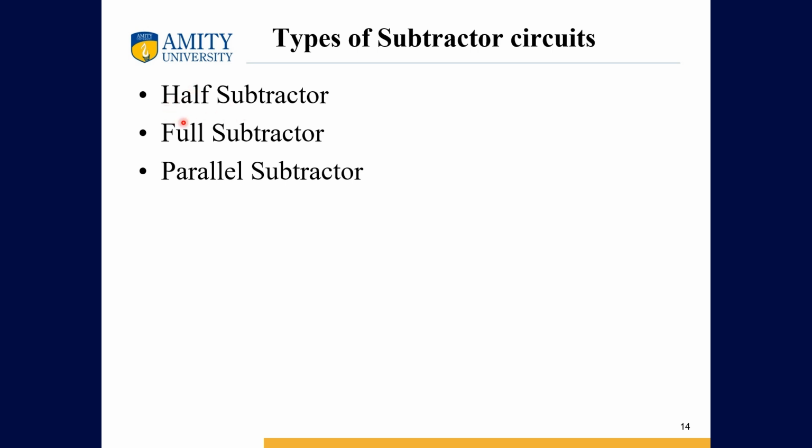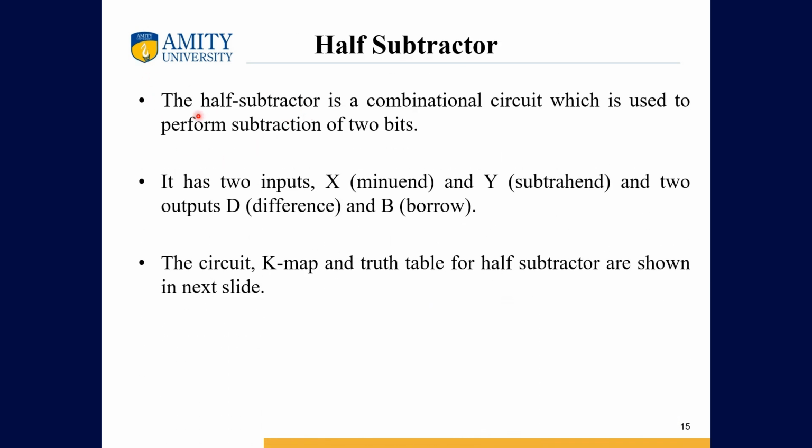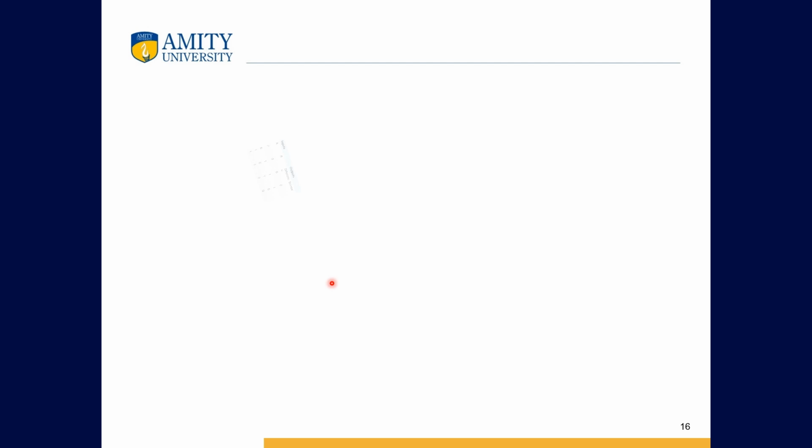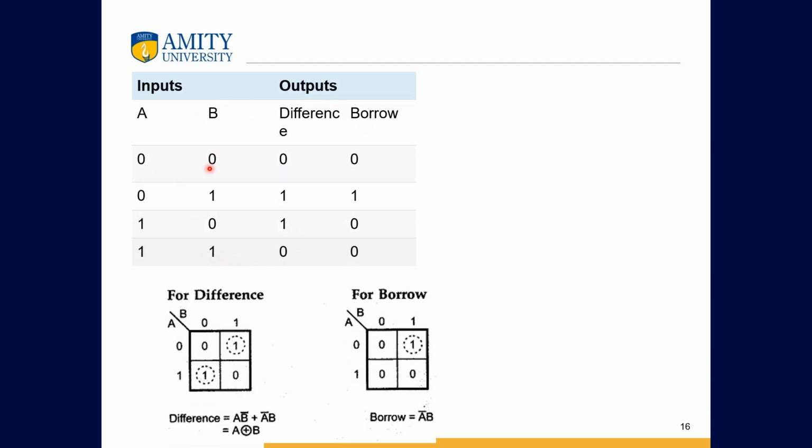Again, subtractors also have three types: half, full and parallel. The half subtractor is a combinational circuit for subtraction of two bits, input X and Y, output D and B. D for difference, B for borrow. The K-map is as follows: A and B, subtracting 0 and 0 gives 0, 0, 1 gives 1 difference.